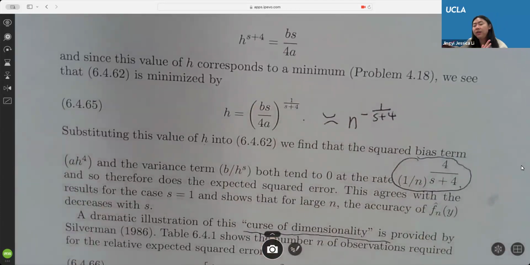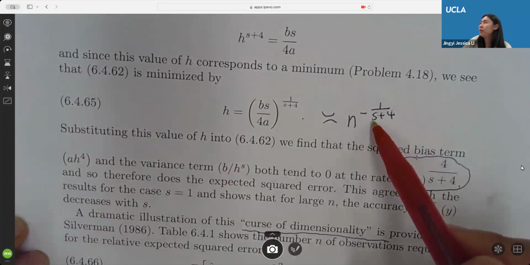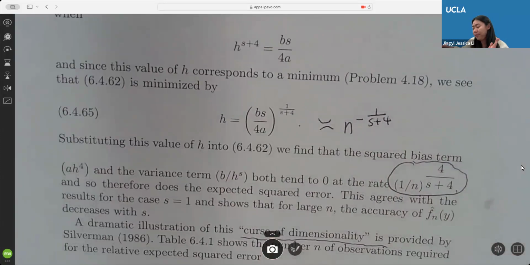Instead of having h on the order of n to the minus 1 over 5, because in that case s was 1, so 1 plus 4 is 5, now it becomes n to the negative 1 over s plus 4. So the larger the s, the slower h goes down to 0 as n goes to infinity.